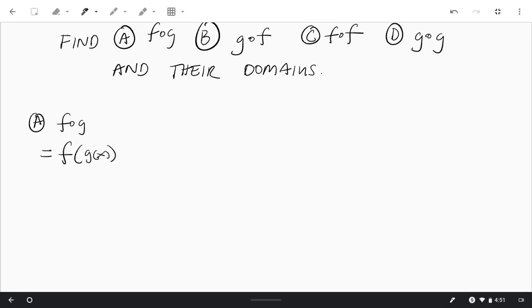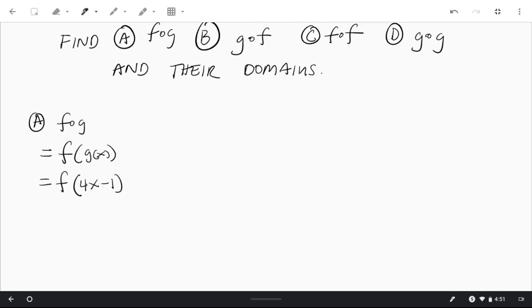Instead of writing g of x, because that looks a little abstract, I'll write down what g of x actually is, which is 4x minus 1. So let's write 4x minus 1 in here so that we know what we are replacing all the x's with.